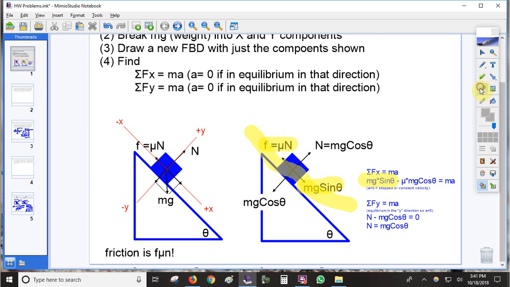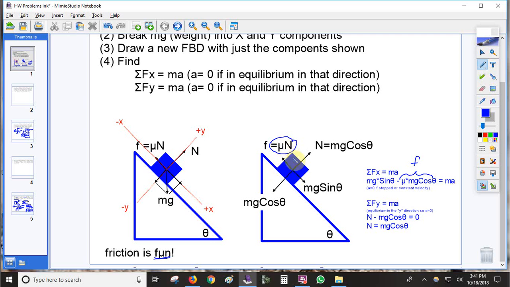Well, I've written down here, this whole term here is friction. We know that friction is equal to mu times force normal. Remember, friction equals mu force normal.